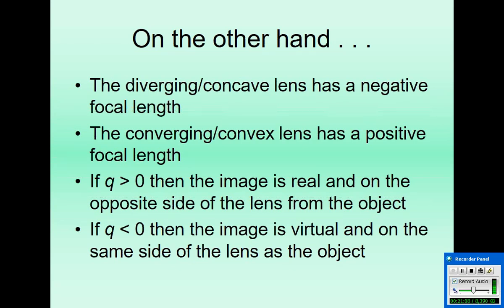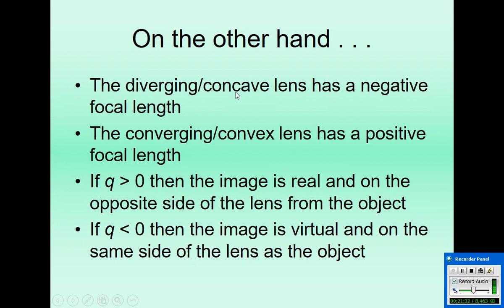A diverging lens, which is sometimes referred to as a concave lens, has a negative focal length. A converging lens, which is sometimes referred to as a convex lens, has a positive focal length. So be careful about the uses of the words concave and convex, because a concave mirror is a converging mirror.